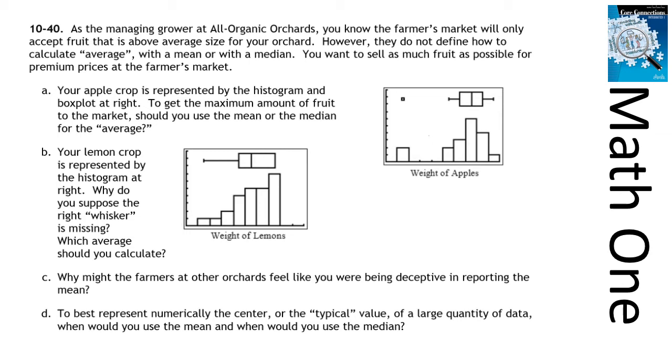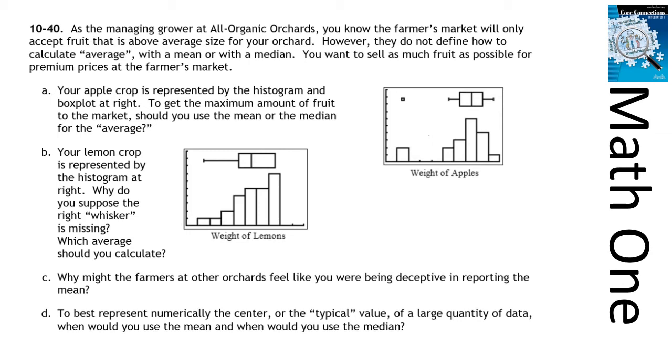However, they do not define how to calculate "average." Meaning, are you using the mean or the median? Those are two different measures of central tendency, or middleness. You want to sell as much fruit as possible for premium prices at the farmer's market. We're trying to get the most fruit there. So if we can pick mean or median, it's up to us to choose.